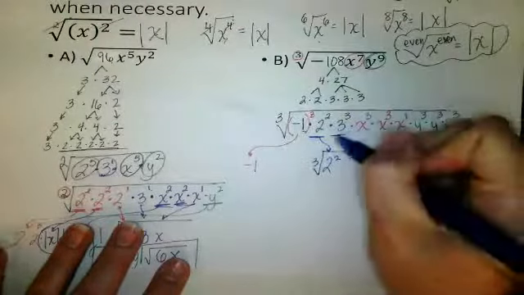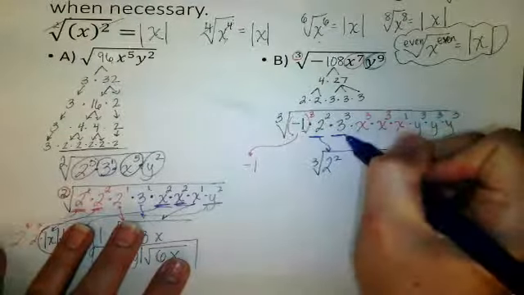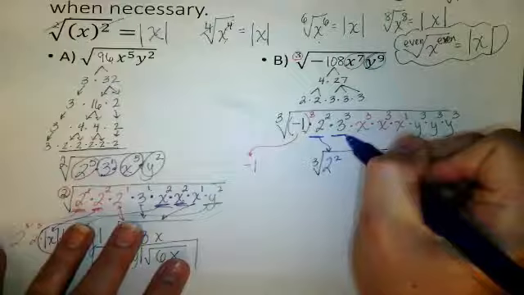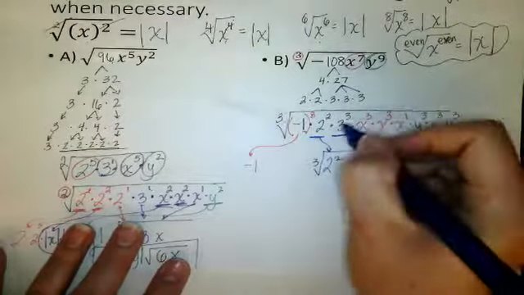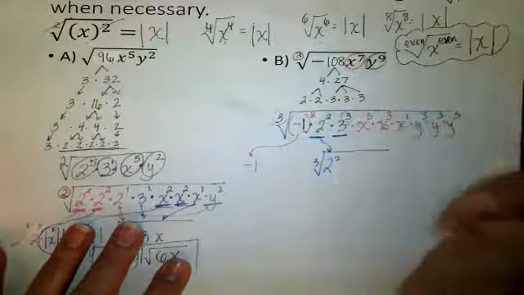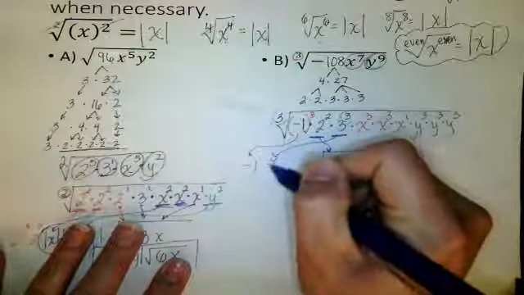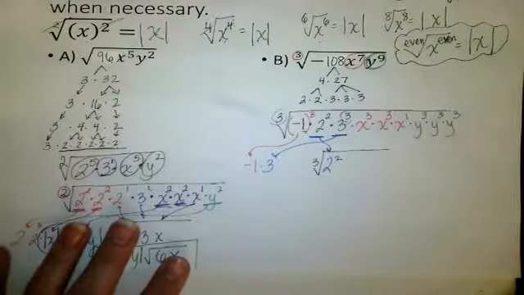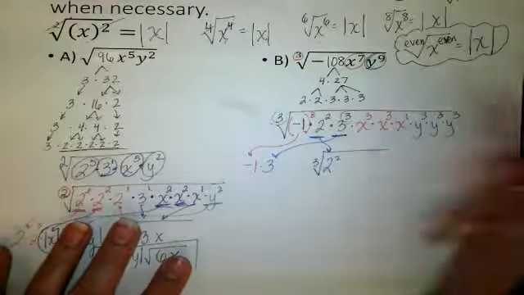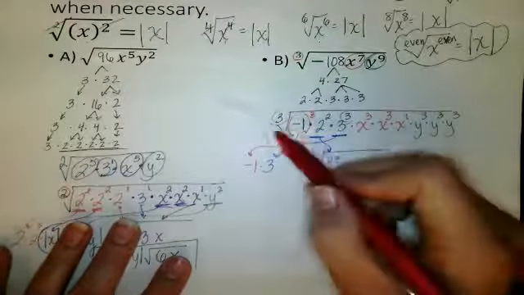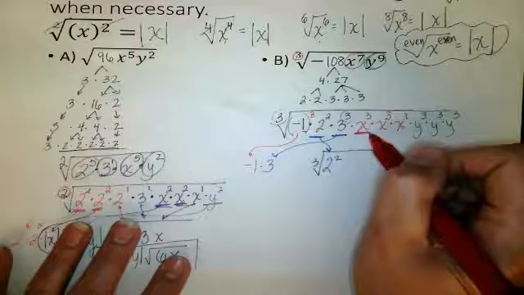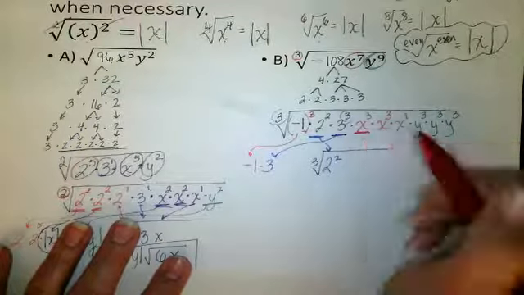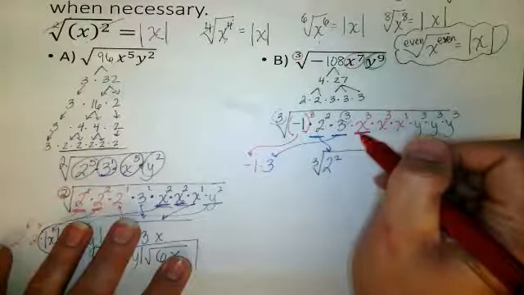What can I do with the cube root of 3 cubed? Just 3, that comes out. What about the cube root of x cubed?